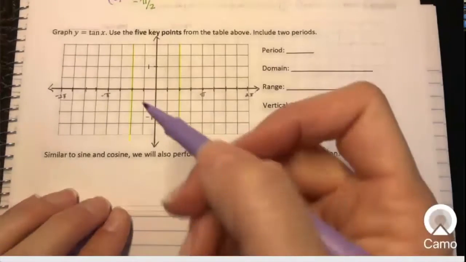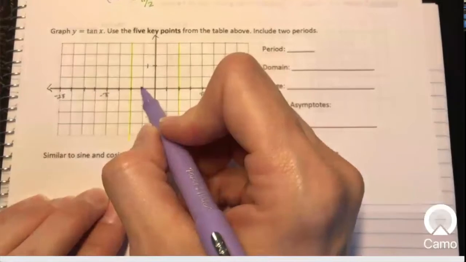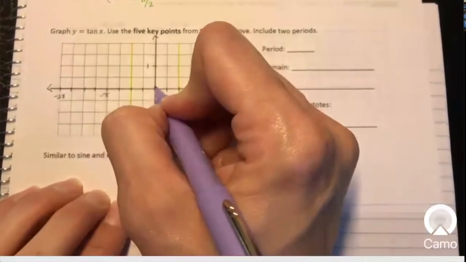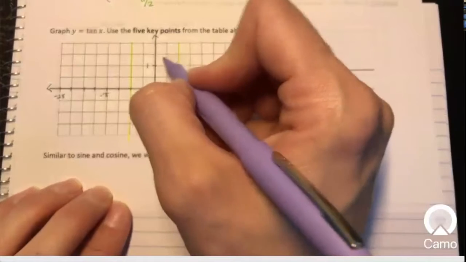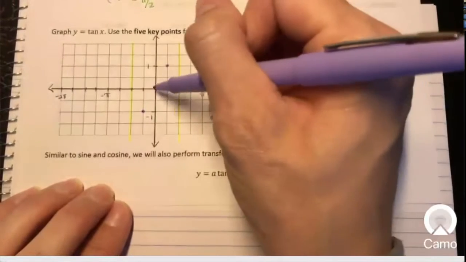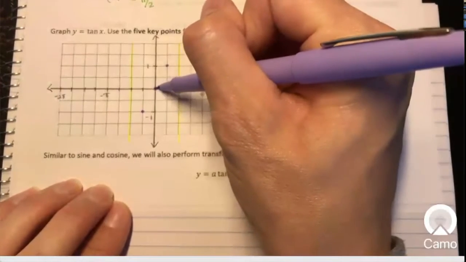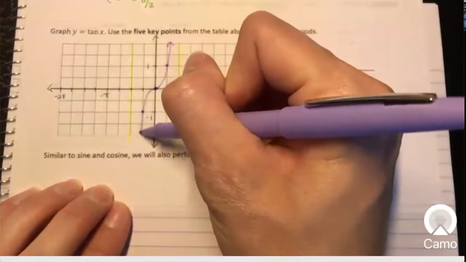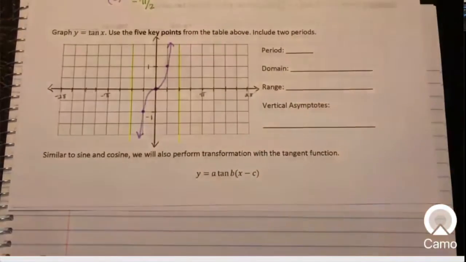Now we can go ahead and graph our other coordinates. We have negative pi over 4, negative 1; 0, 0; positive pi over 4, positive 1; and our function will increase from left to right.